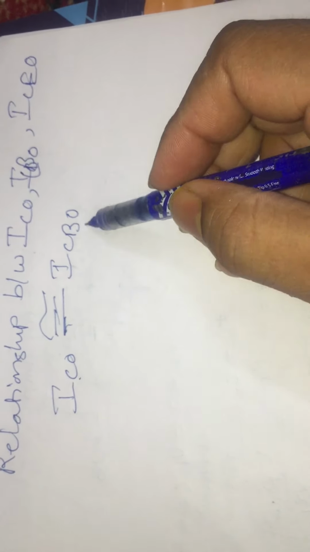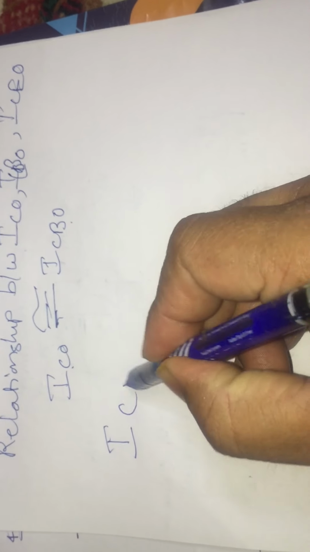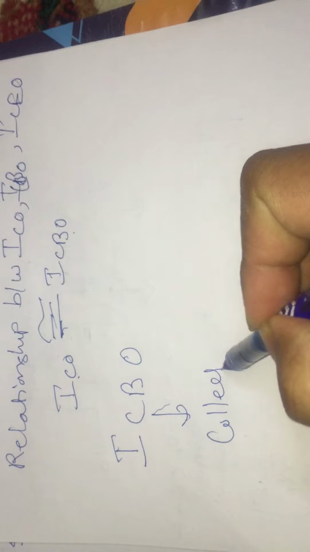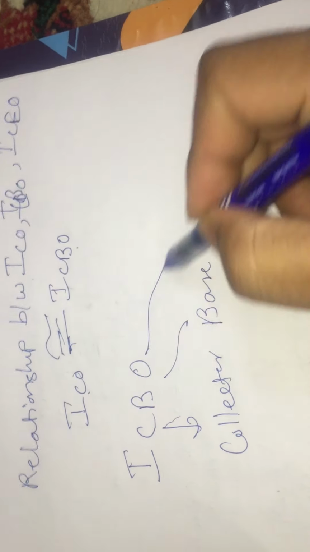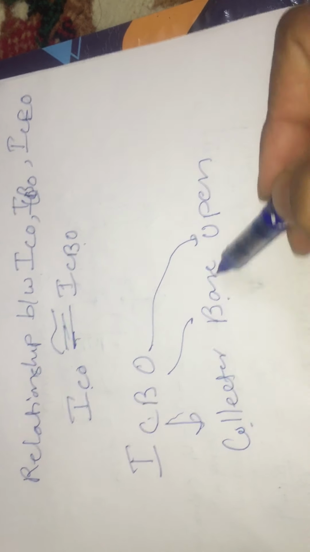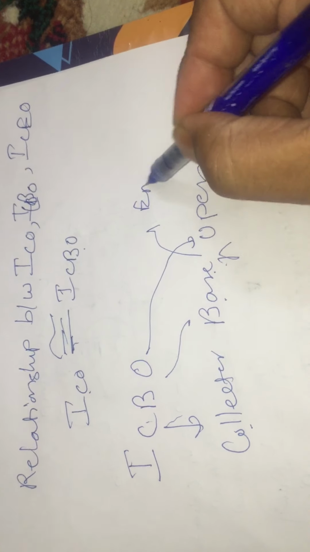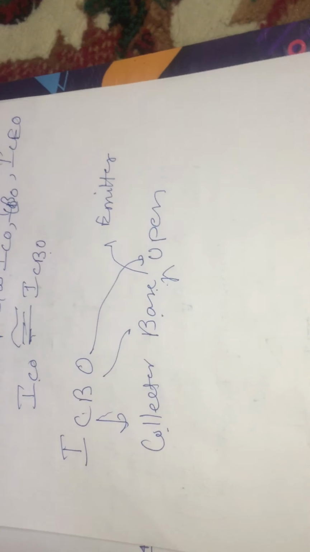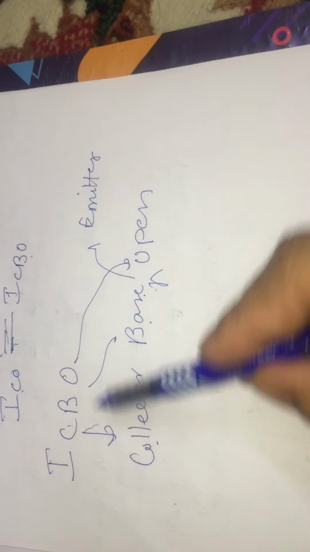So we can say ICO and ICBO have equal values. What is ICBO? C for collector, B for base, and O for open. It is the collector to base current when the third terminal, that is the ammeter, is open. It is ICBO.